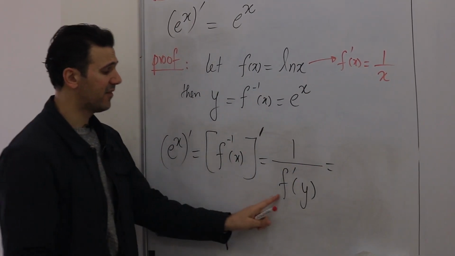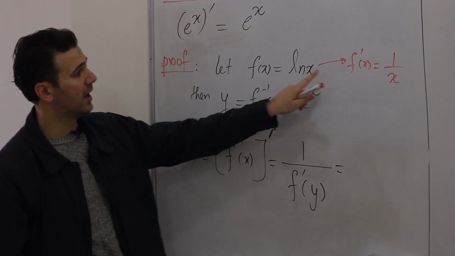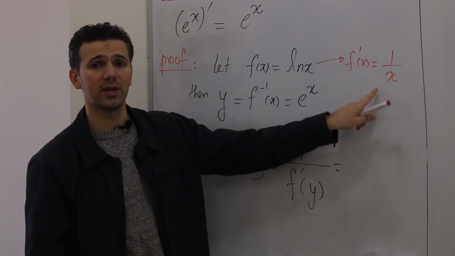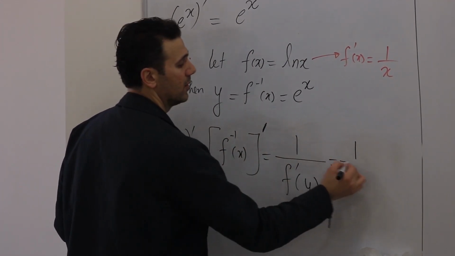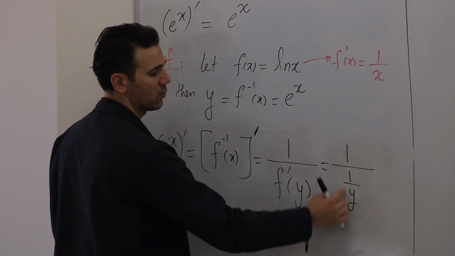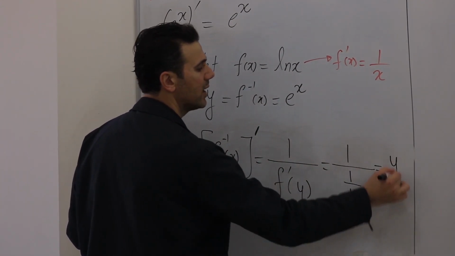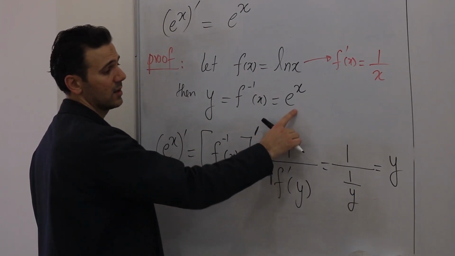Now, what is f prime? f is the ln function itself, and f prime of x is 1 over x, so f prime of y is 1 over y. The derivative is then 1 over (1 over y), which is y itself. Be aware that y is equal to e^x itself.